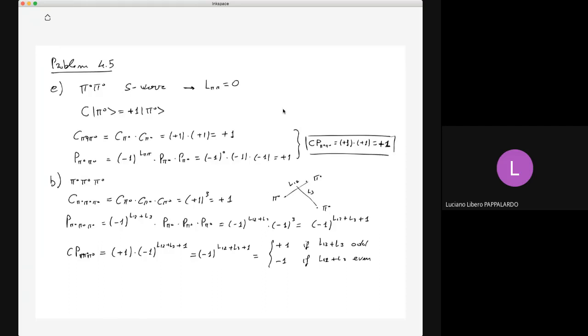Which condition can we or must we impose in order to solve this ambiguity?